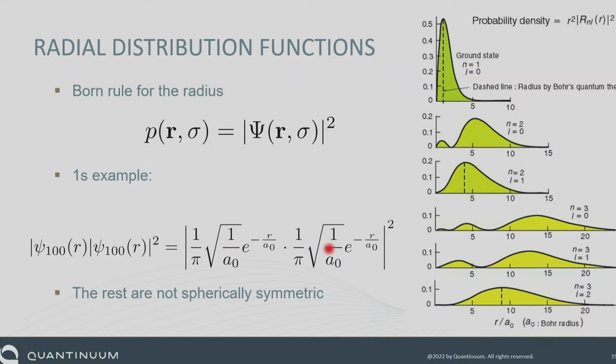So here we're looking at the 1s, which is 1, 0, 0. Remember, this is the simplest one, the spherically symmetric ball. It's just exponentially decaying along the radius symmetrically, decaying as you get away from the nucleus.